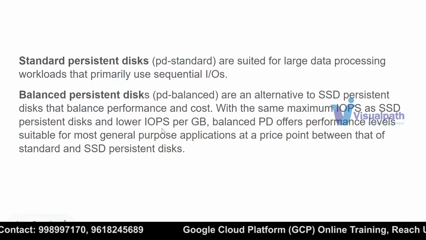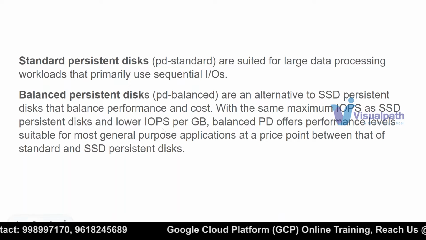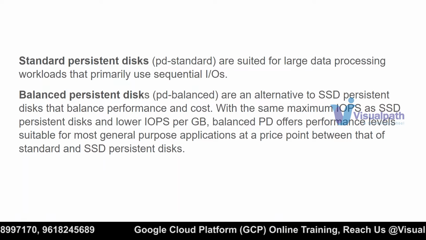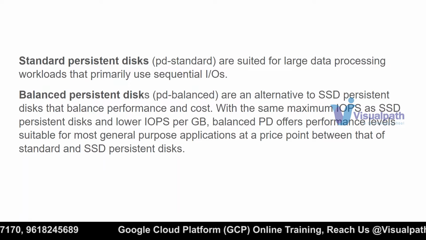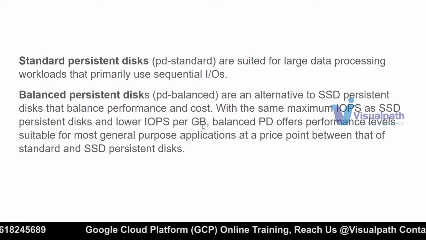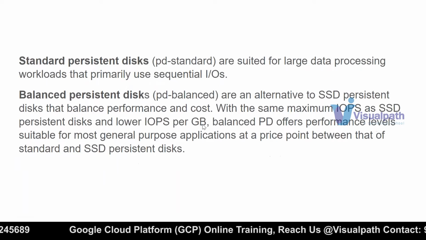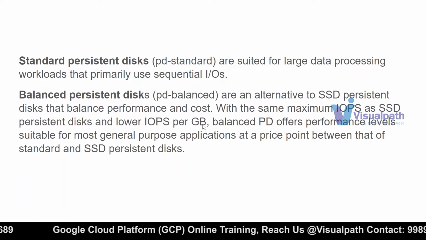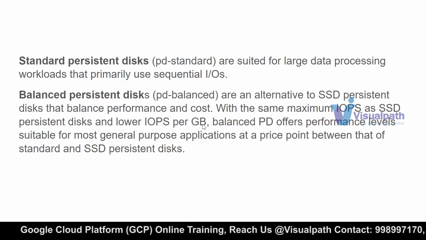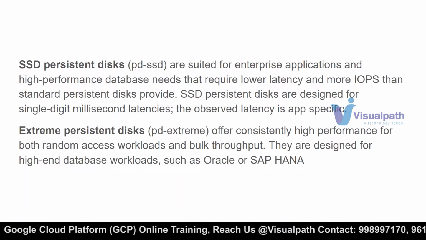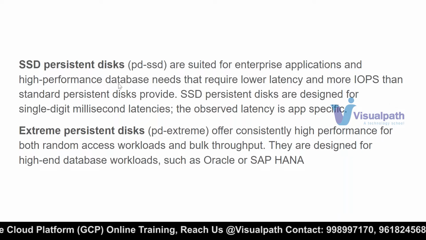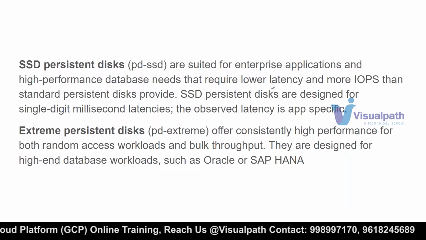For example, if your application is demanding a high number of users or high throughput or high read and write operations, then we will prefer the one which has higher IOPS. The more IOPS, generally the price will also increase. And this is SSD, which has lower latency.